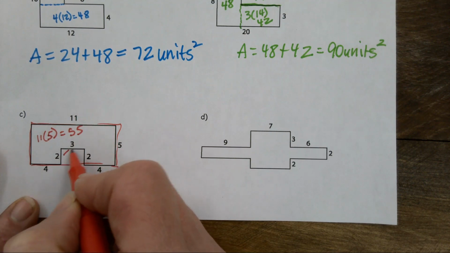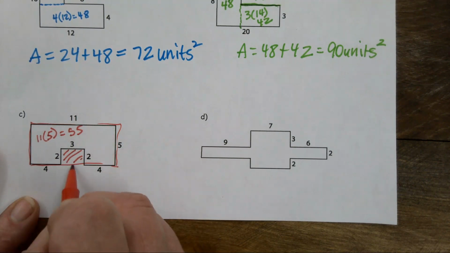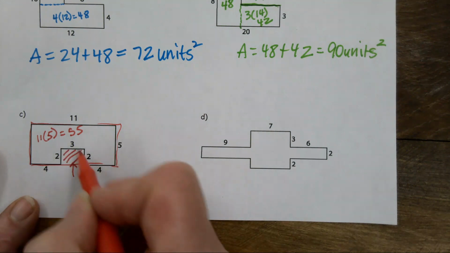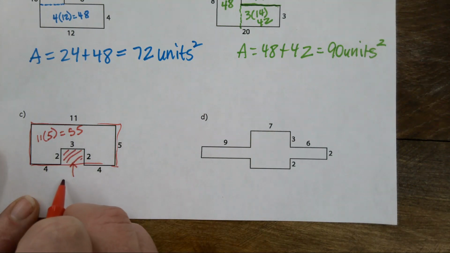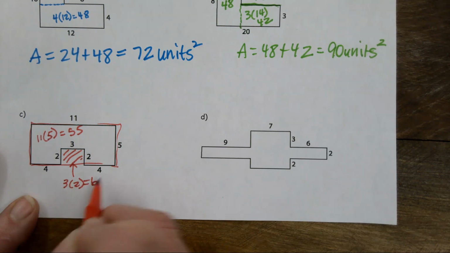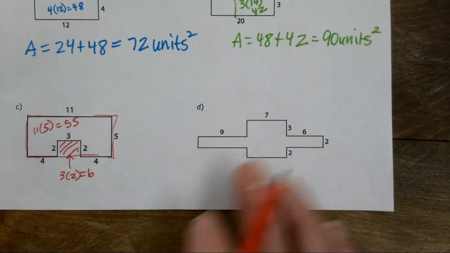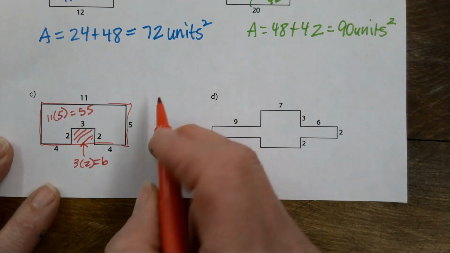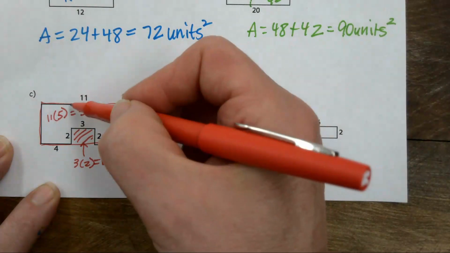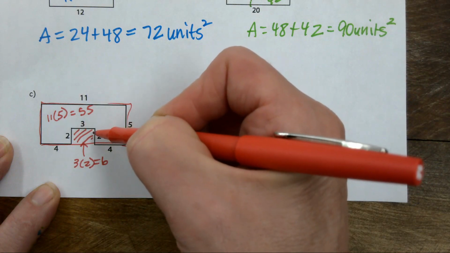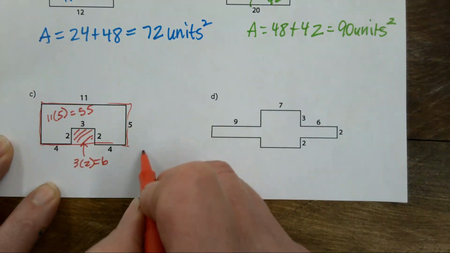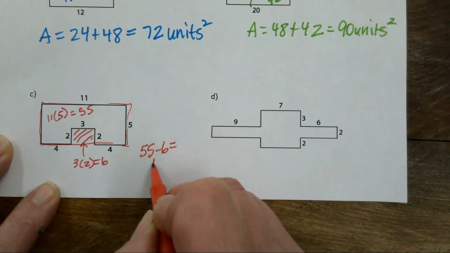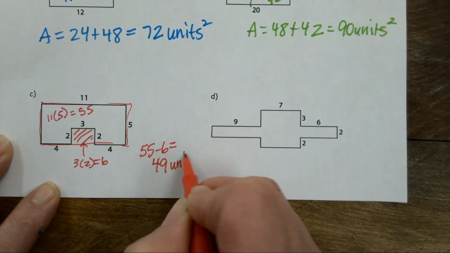And then subtract out that little rectangle there. Take out the piece that's missing. That would be a 3 by 2. So it's not always going to be adding stuff together. On occasion, it might be just as easy to subtract. Instead of making 3 little rectangles, I can just work with those two. 55 minus 6 would give me 49 units squared.